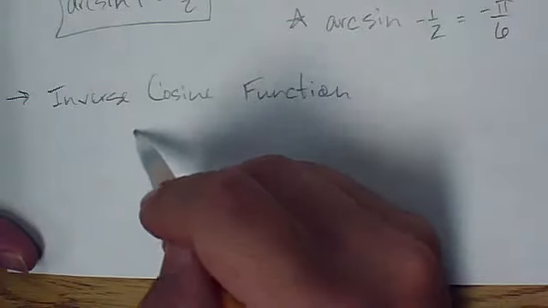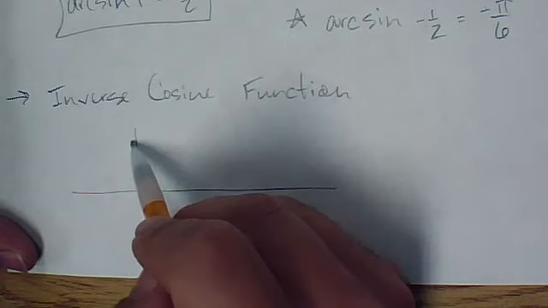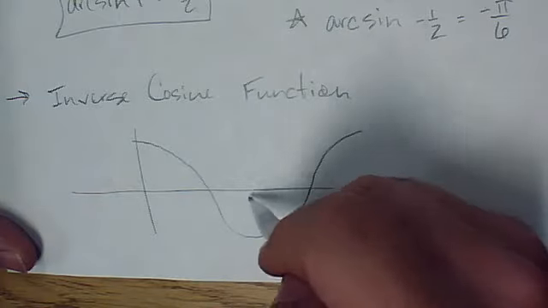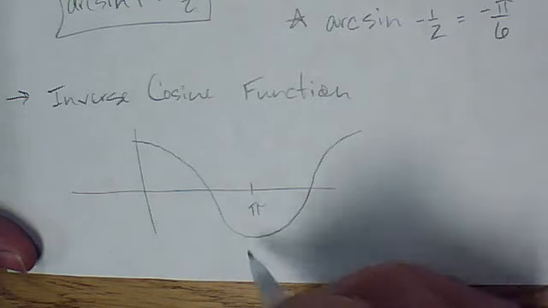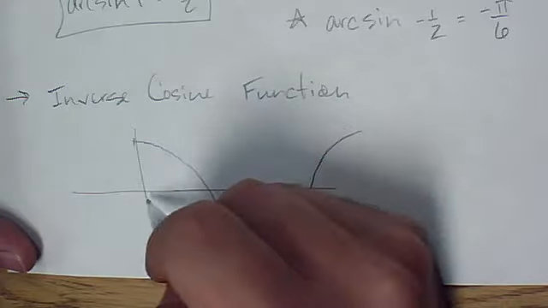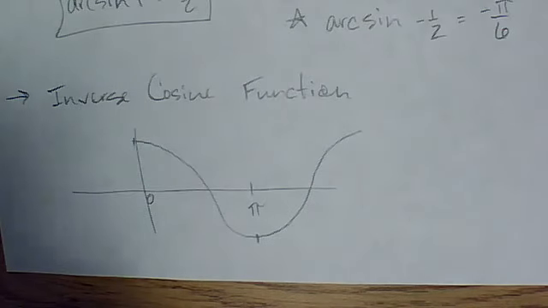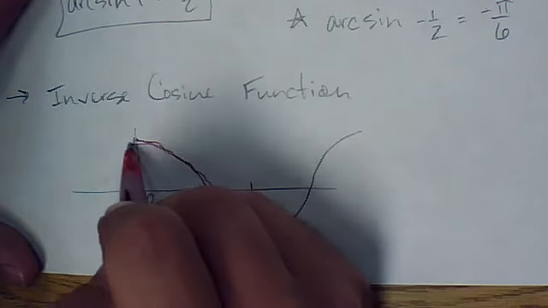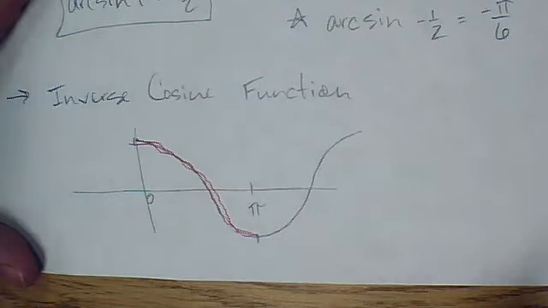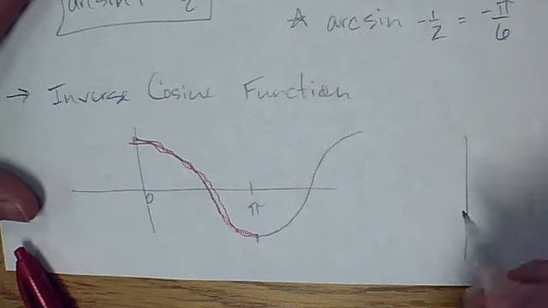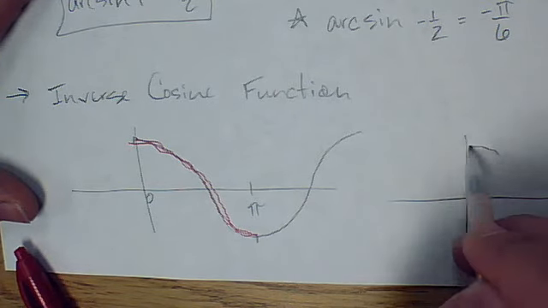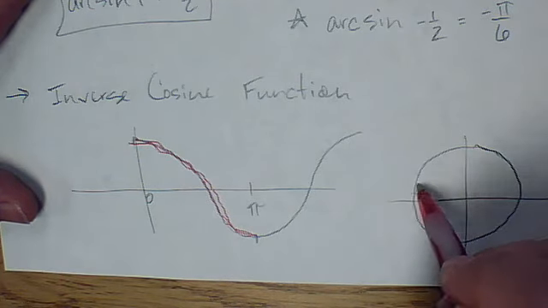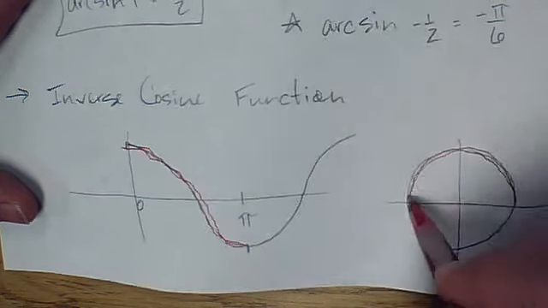For the inverse cosine, we're going to use this part of the graph from 0 to pi, because that part right there is 1 to 1. Which is the upper half, quadrant 1 and quadrant 2.